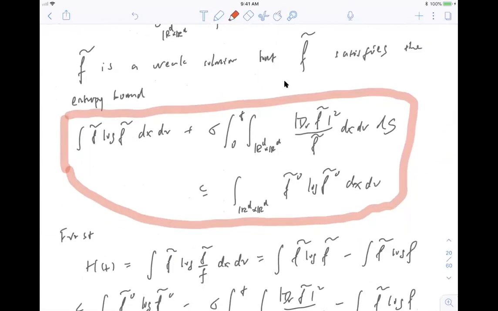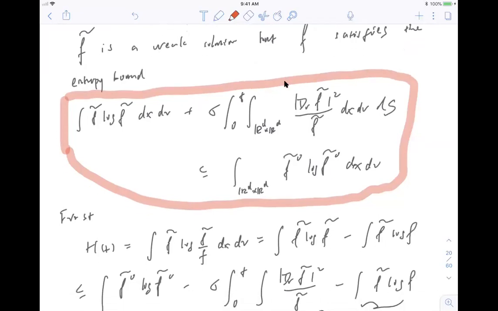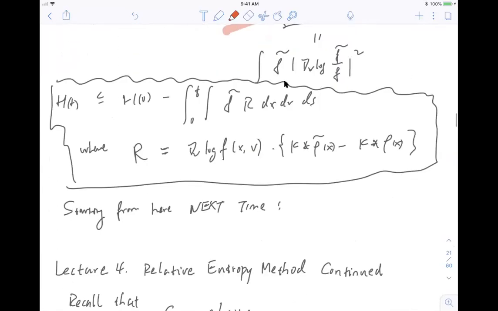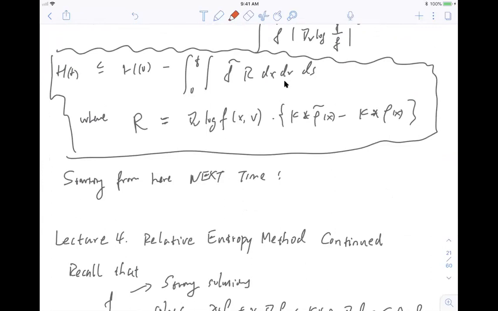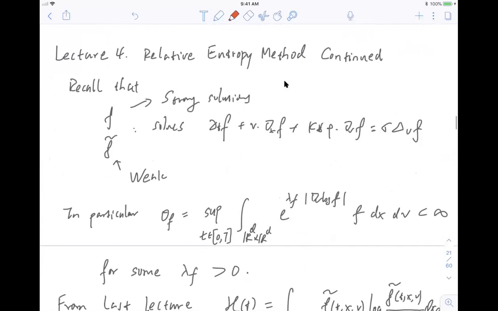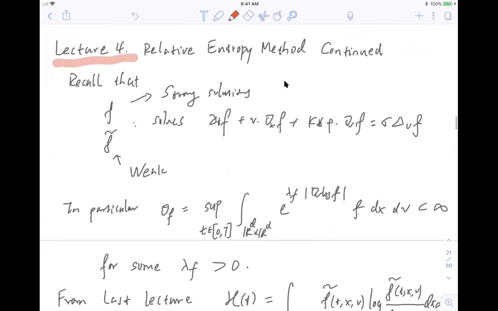If F is a strong solution, so here it is a classical solution, it's not an inequality but just an equality. So we can just do the computation, and last time we already did all the computation, and you can check that. So let's just start now on lecture 4.